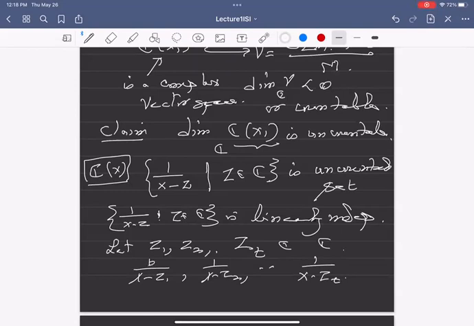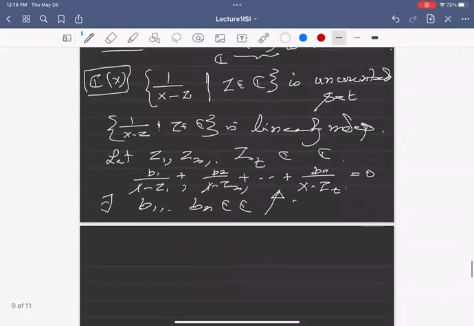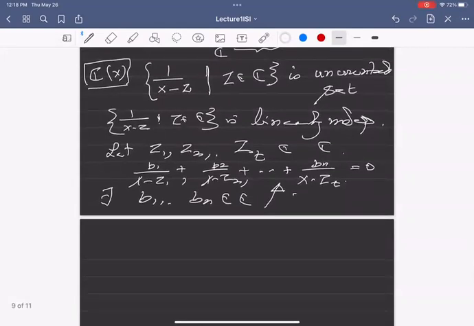That means there is a linear dependency relation: there exist b1, ..., bt complex numbers so that this relation is true. Yeah, some non-trivial linear combination of these rational functions is 0. I want to show that all the b_i are 0. That will show that any finite collection of 1 over x minus z_i is linearly independent.